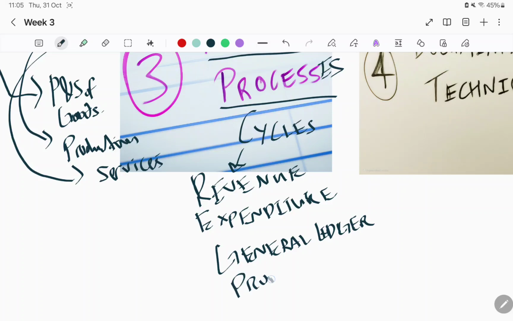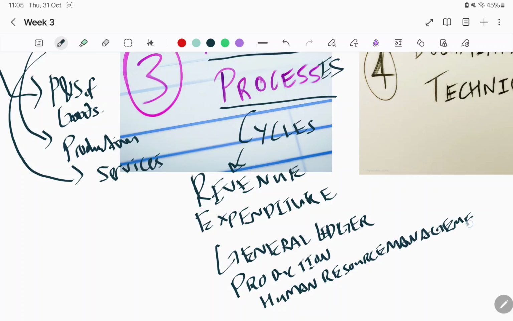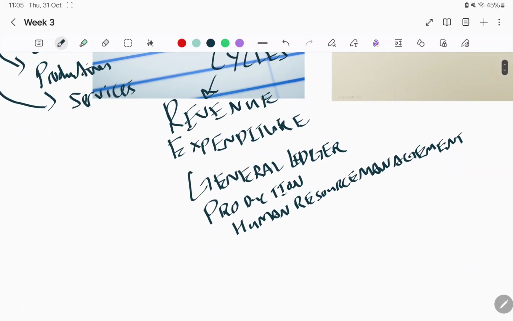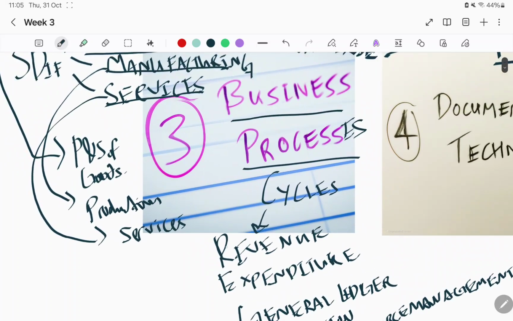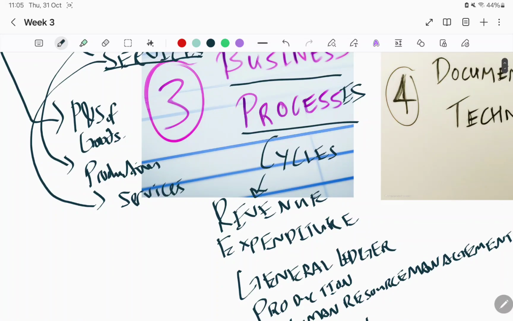We've got the production, the human resource management, and we have the payroll. All of these are cycles, right? And each of these cycles is built up of a series.